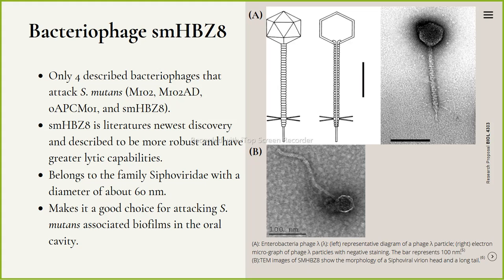On the top, the bar represents 100 nanometers, and figure B on the bottom is actually a TEM image of the bacteriophage that we're planning on using. As you can see, they have similar morphologies with the same capsid and tail.